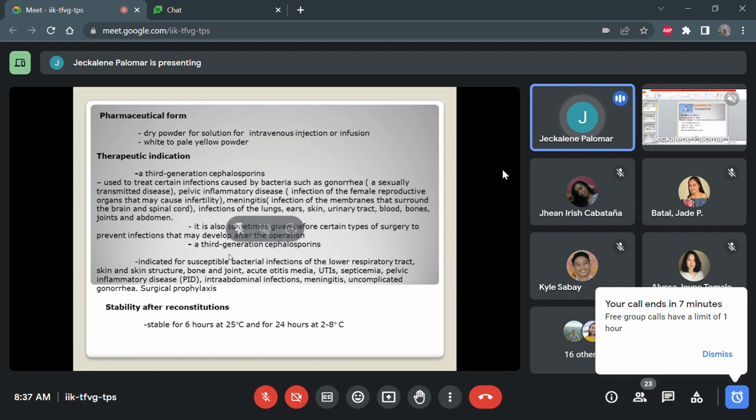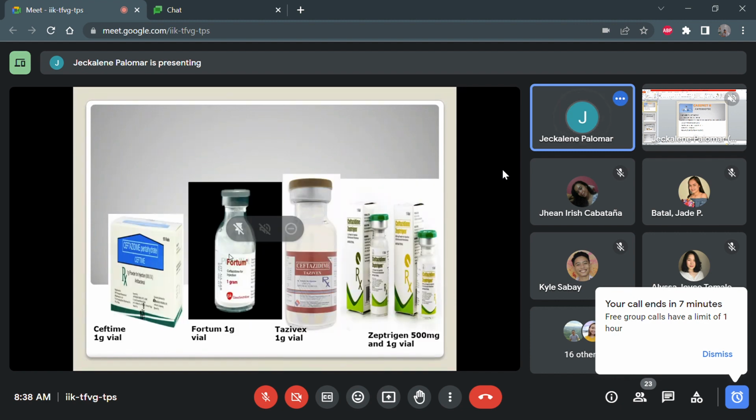Thus, the stability after reconstitution is stable for 6 hours at 25 degrees, and for 24 hours at 2 to 8 degrees Celsius. Next, another example of cephalosporin, ceftazidime.